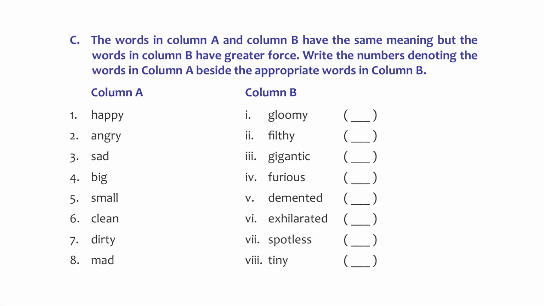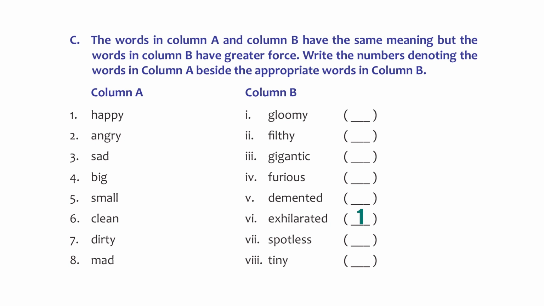Moving on to page 41, you have an exercise where you have to match the words with their synonyms. Now, these synonyms are not just the exact meanings, but they carry a slightly stronger meaning. Example: happy. You have to choose a word from column B that not just means happy, but means very happy. Can you find that word?